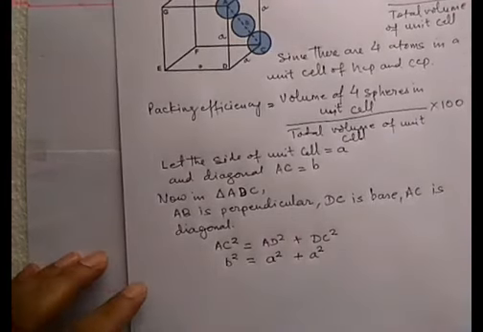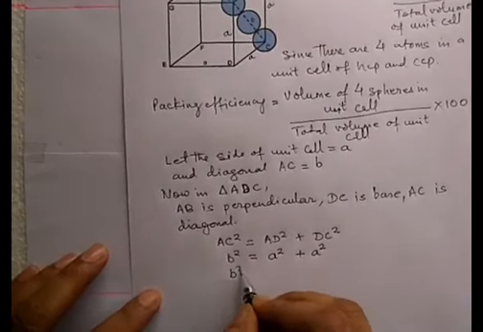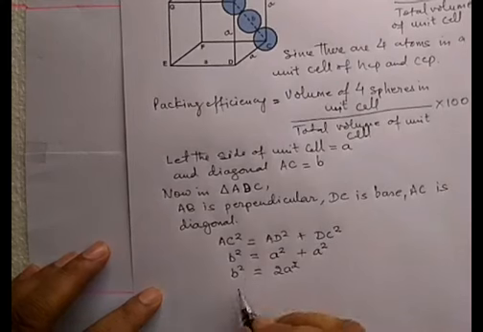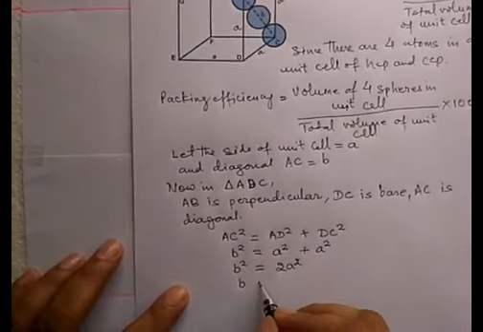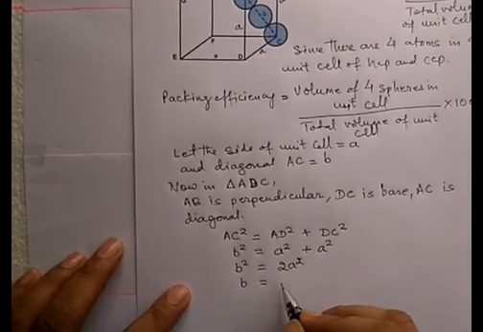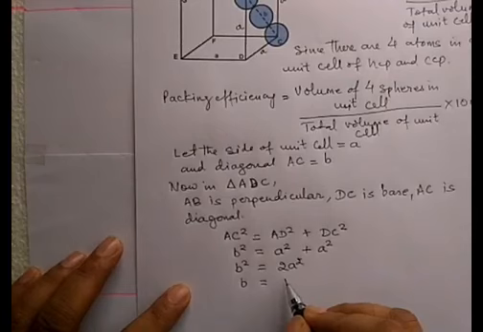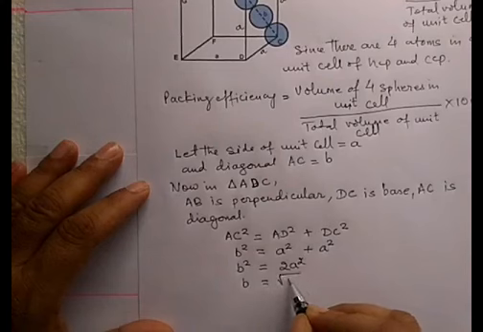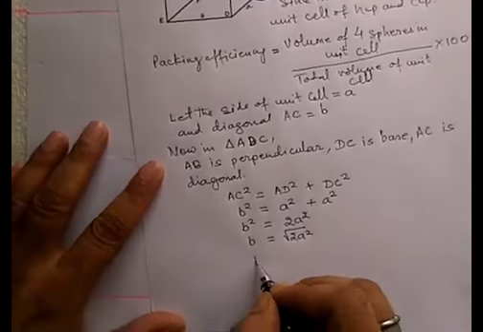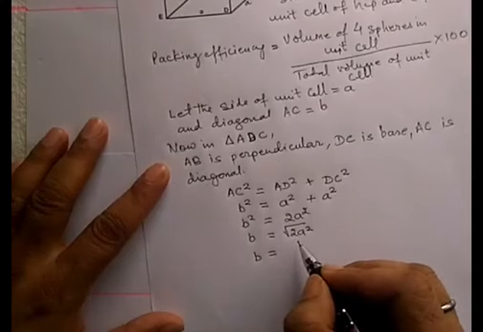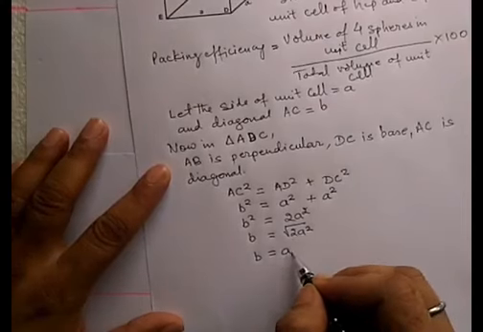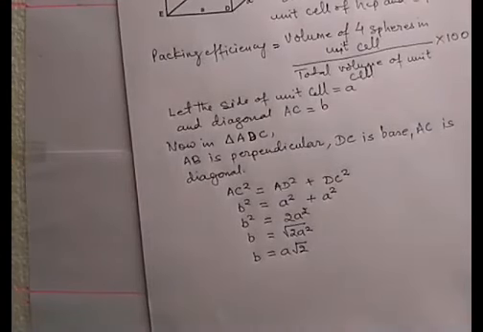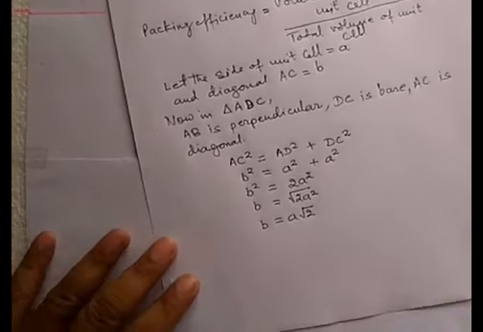These values give B square is equal to 2A square, or B is equal to root 2 A square, which can be rewritten with A taken out as A root 2. Let's consider this value to be the value of B and proceed further.